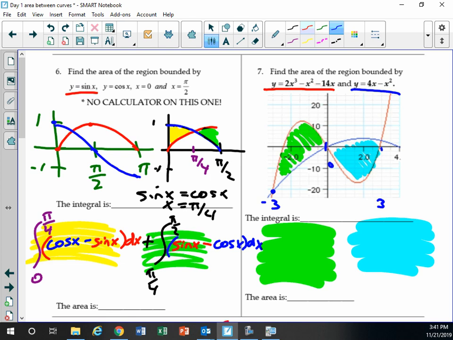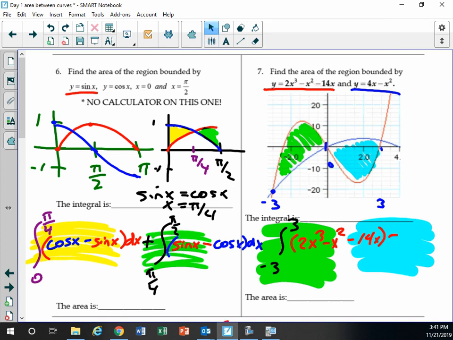If I don't give you a graph, that's what you do. But my first one's going to go from -3 to 0. And it's going to start off with the red. So it's going to be the integral of 2x cubed minus x squared minus 14x, minus, and then it's going to go to the blue, which is parentheses 4x minus x squared, dx.